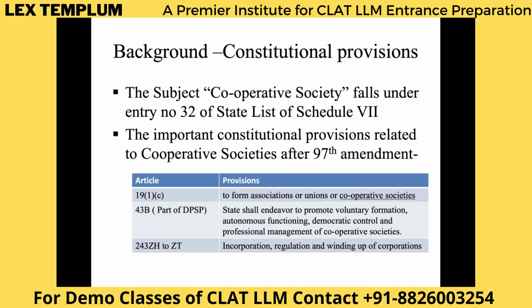And third, provisions under Article 243ZH to ZT. It is about incorporation, regulation, and winding up of cooperative societies. Right? So in this judgment, the amendment to Article 19(1)(c) and Article 43B was not in question.